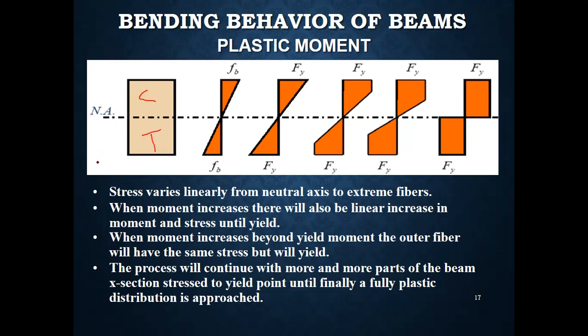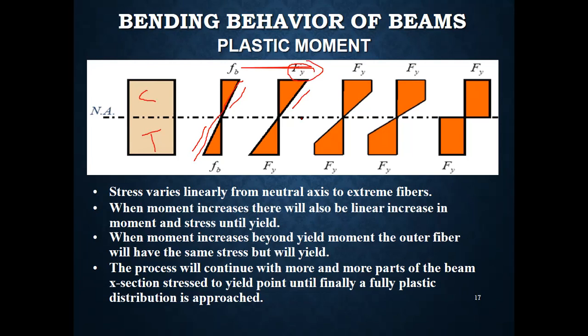If we draw the stress or strain diagram of the material, it varies linearly from the neutral axis towards both extreme fibers, the compression fibers and the tension fibers. As we increase the moment, the stress increases until it reaches the yield stress of the material.